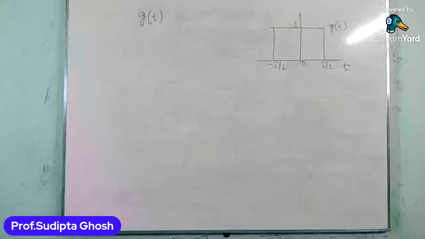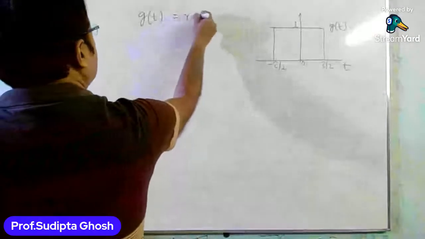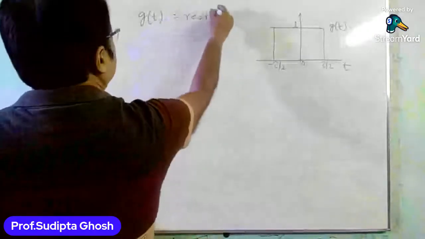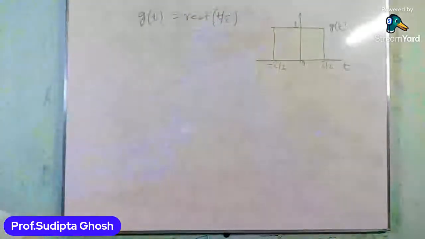Now the problem is given: find the Fourier transform of g(t) equals rect(t/τ), the form of which is shown in this figure. The figure is given, or you can draw it as well.